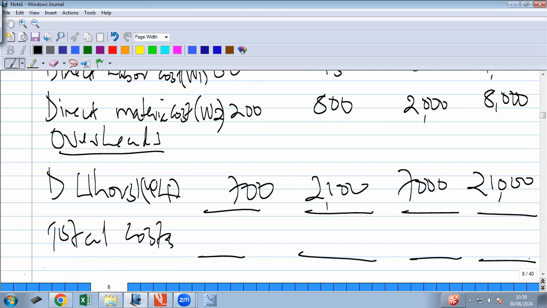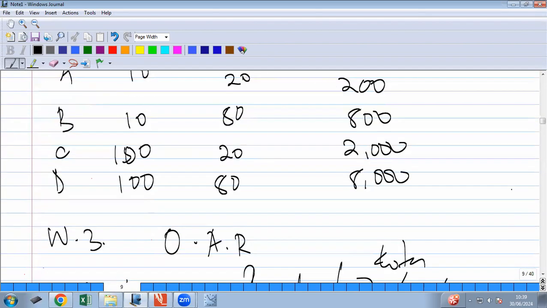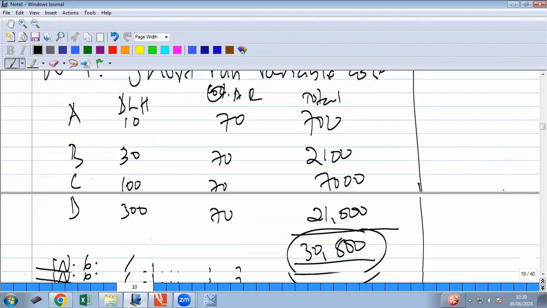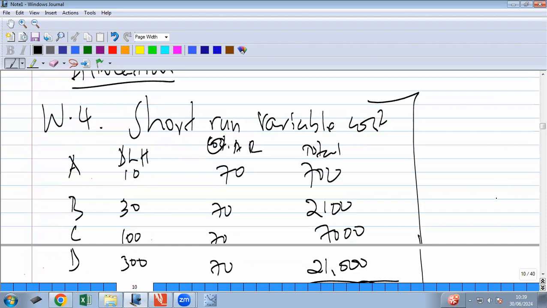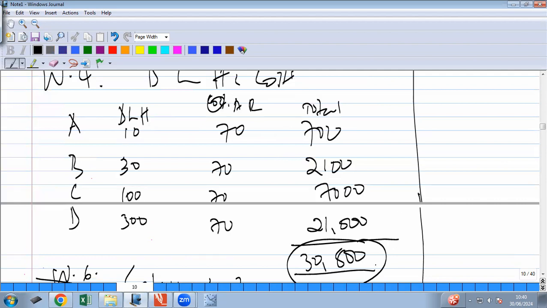But how would you determine that under overheads you're correct? When you look at your breakdown here, under the allocation, these are direct labor hours, or maybe direct labor cost. You can see that the total at the end of it is 3,800, which is the total as per the total absorption rate. If you got this answer different, automatically you will be wrong.